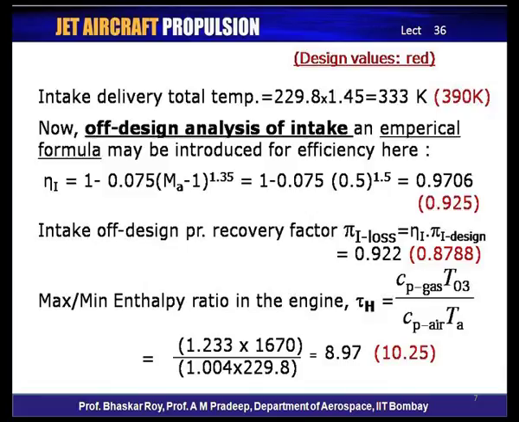If we do that, we get a maximum to minimum enthalpy ratio of 8.97. As you can see, this is less than the design value, which was given as 10.25. This means it is operating with a lower turbine entry temperature, as a result of which the enthalpy ratio available would be somewhat lower than the design enthalpy ratio.